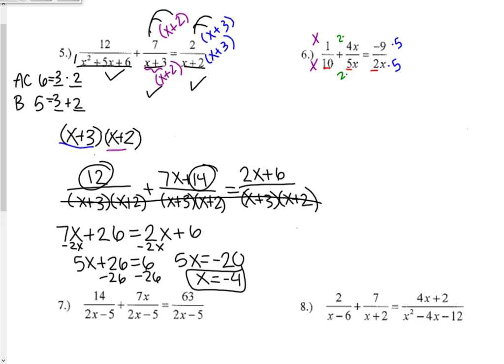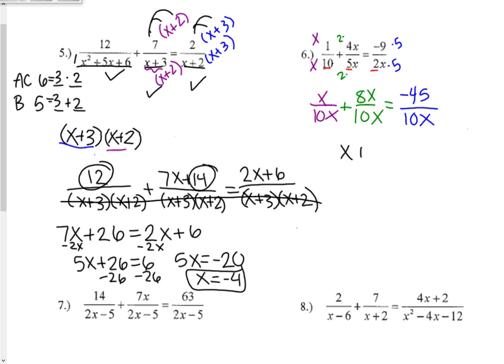So right now I have x over 10x plus 8x over 10x. That equals a negative 45 over 10x. Now my denominators are all the same, so I don't need to worry about them.